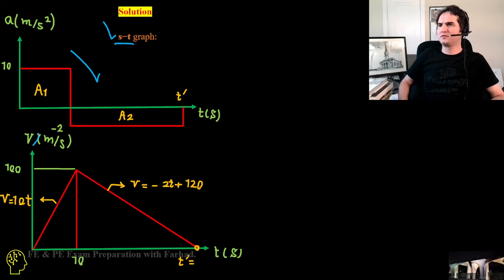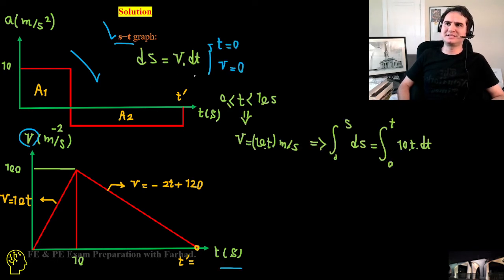And also for the displacement-time graph, we are provided with the acceleration-time graph. We just draw the velocity versus time graph, and ds is equal to v dt, again based off the initial condition of the problem statement. At t equal to 0, it starts at rest, v is equal to 0. So from t between 0 to 10 seconds, v is equal to 10t.